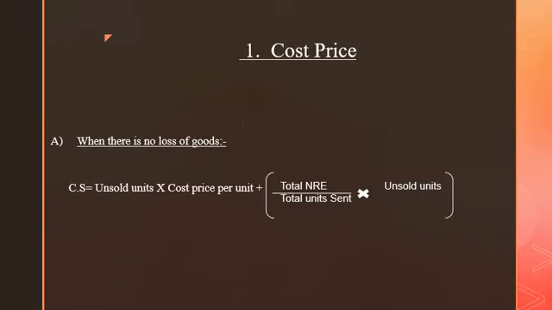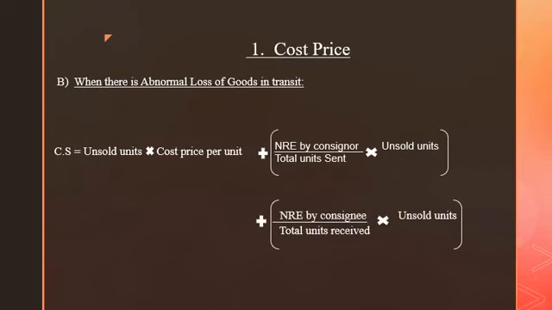As I told you, the first one, that is consignment stock is equal to unsold units into, where it is written cost price, there you will be replacing it with invoice price per unit and then the remaining part of the formula. Similarly, the second type, wherein if there is abnormal loss of goods in transit, then where it is cost price per unit, there you will be writing invoice price per unit.